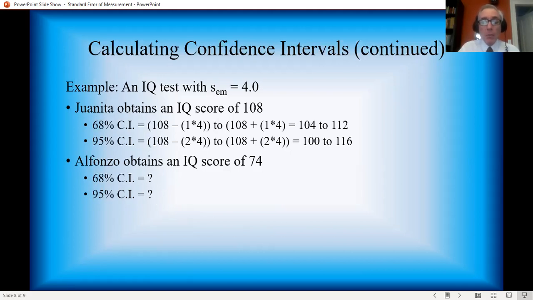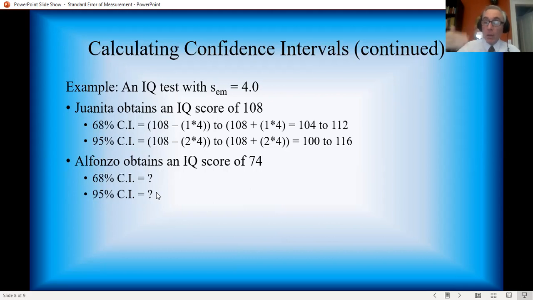Again, 68% is going to be just one standard error out in either direction. So that means 4 points. So what you're saying is we're 68% sure that his true score falls within 4 points of whatever we got. So it's 74 minus 4, 70, and 74 plus 4, 78.